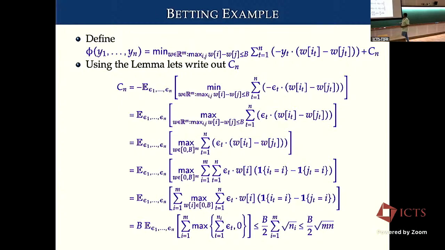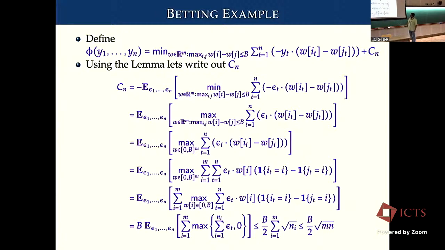That is, for each team i, ni is the number of times that that team plays, right? So let's say that team 1 played 20 matches overall in these n matches. I'm going to sum over separate epsilon t's from 1 up to 20 for team 1, and I do this for each of the teams. Okay, and I take the max between the sum of these epsilons and zero.